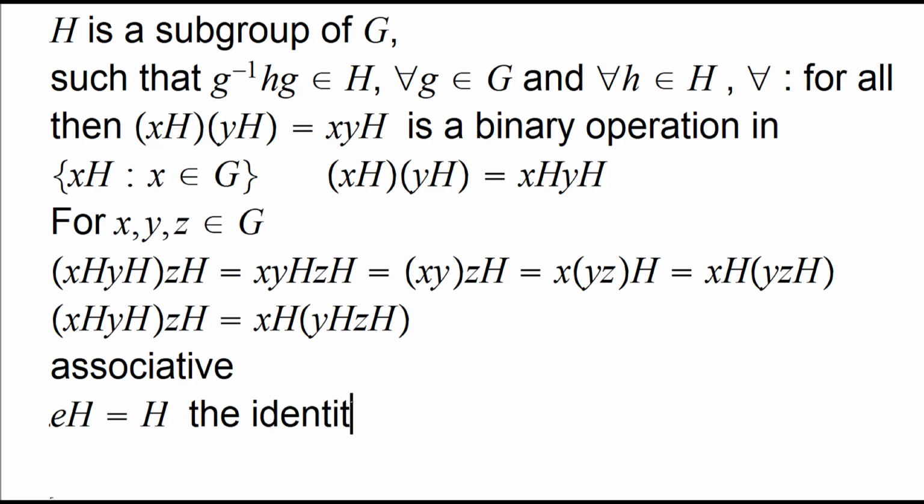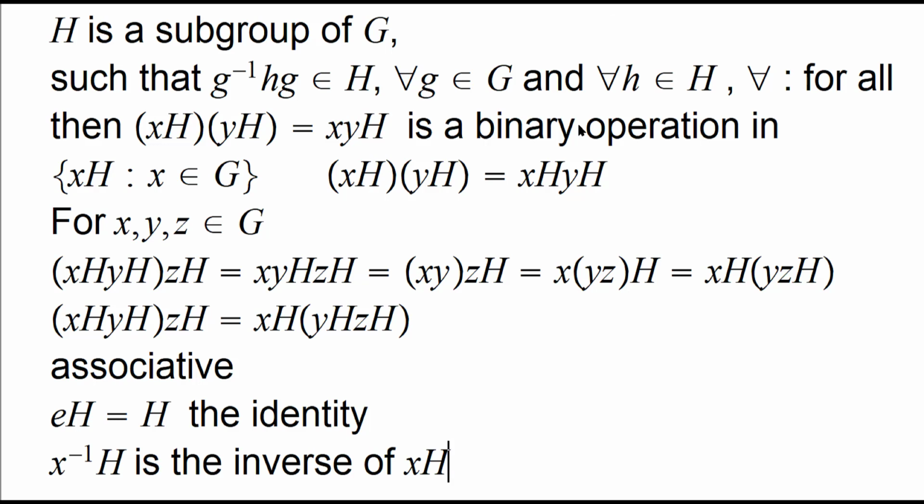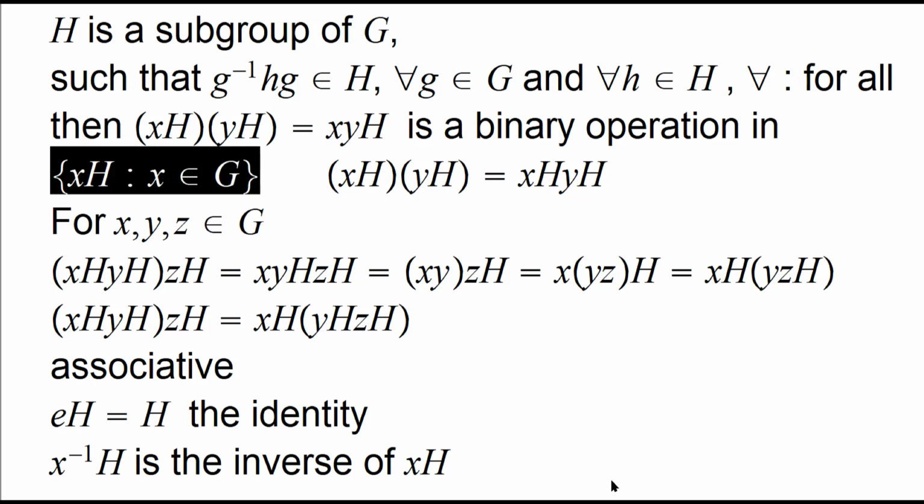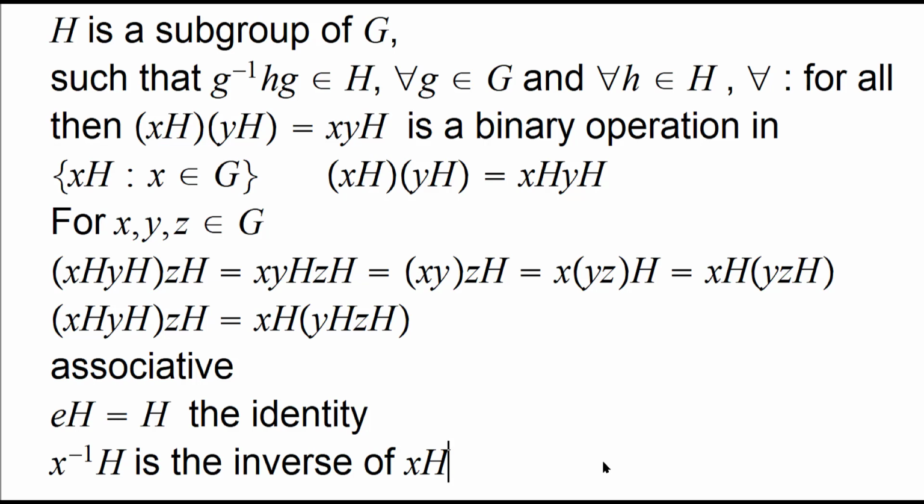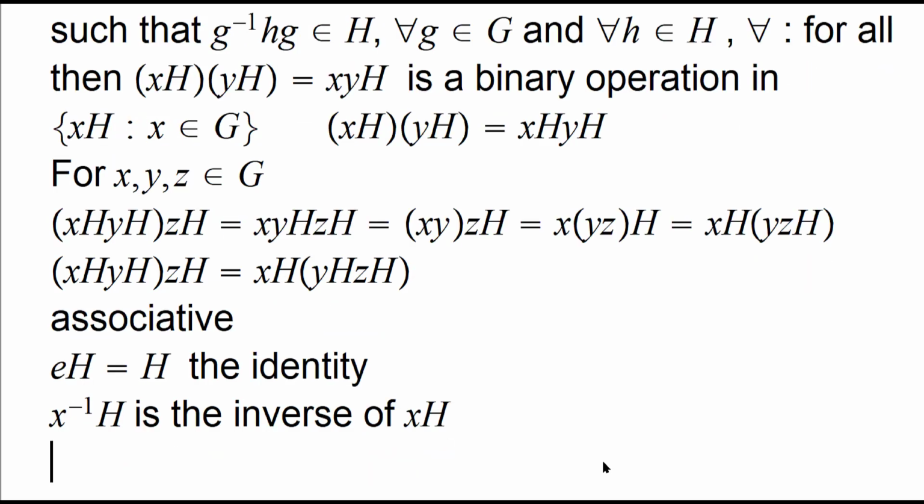And again, almost always people found that if I take XH, then X inverse H is the inverse of the element XH for any XH in this set. So what happens in this case? This set of left cosets just becomes a group with respect to that binary operation.